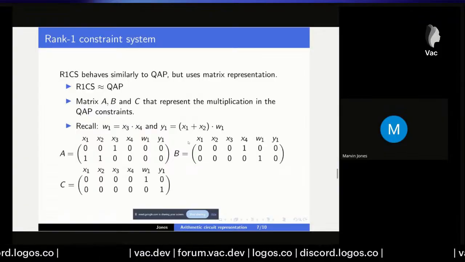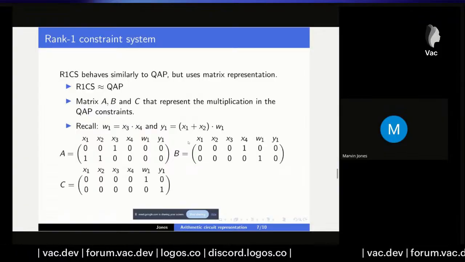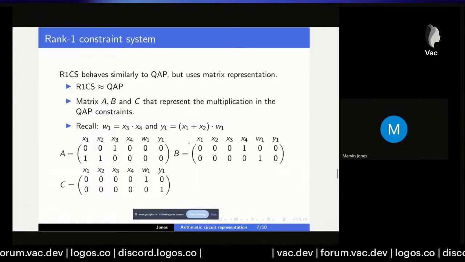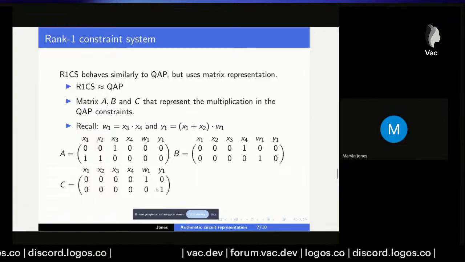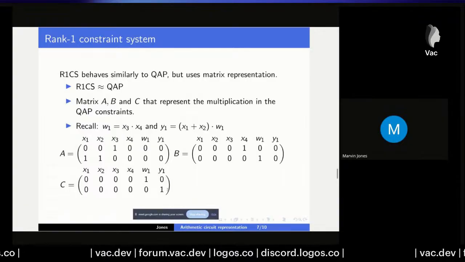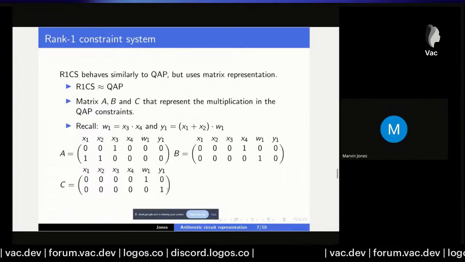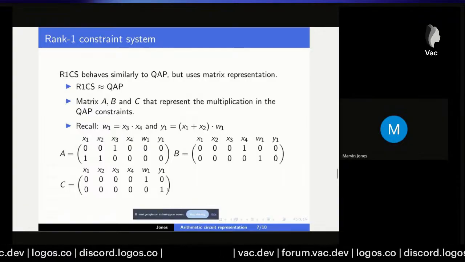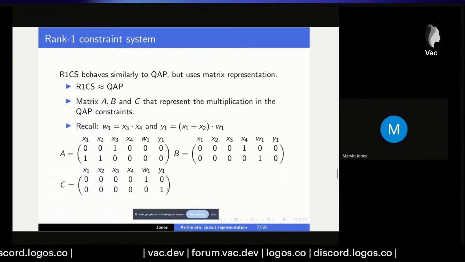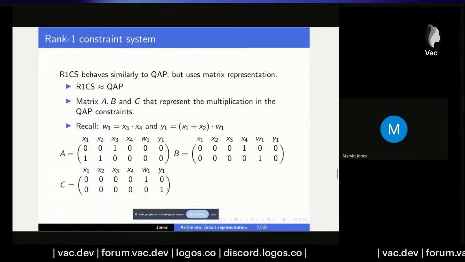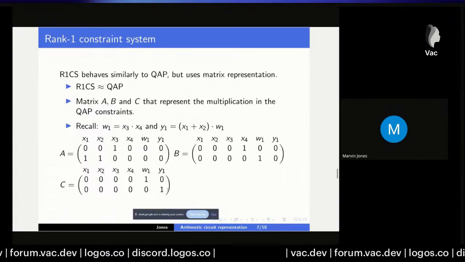And then with our other side of the equation, we do the same thing. I just need to represent W1 and Y1. And this gives me a very nice linear way of representing this constraint. This is identical, essentially. It's nicer to represent in computers.